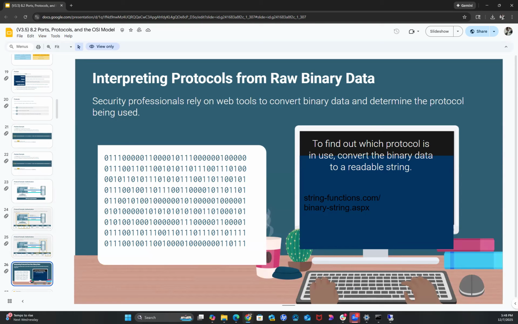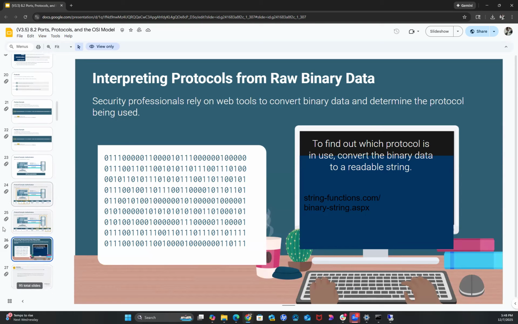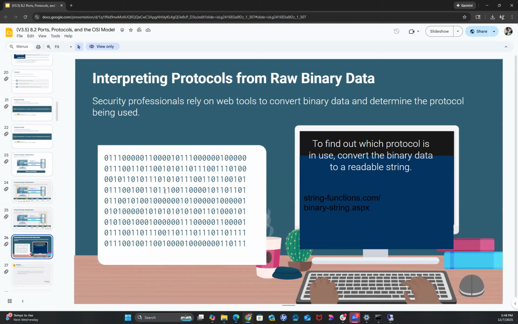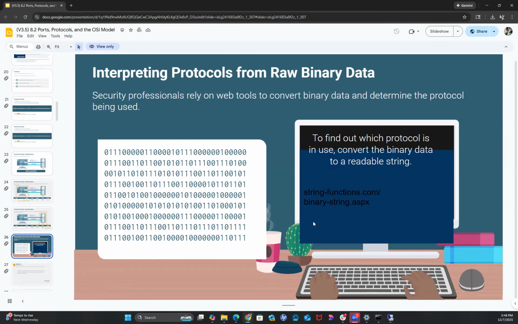Basically, security professionals rely on web tools to convert binary data and determine the protocol being used. Consider the following sample capture of binary data. Security professionals would be able to determine the protocol based on this binary data.